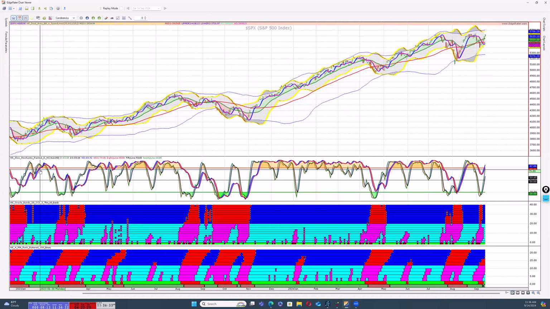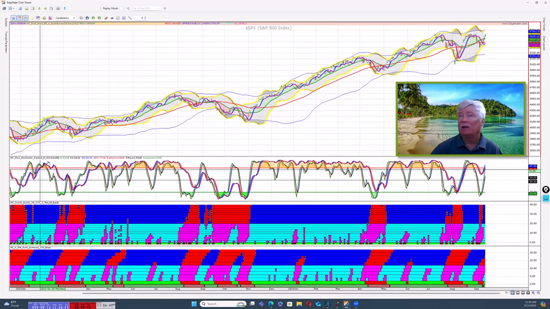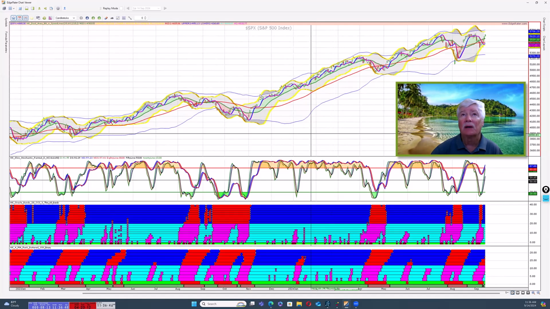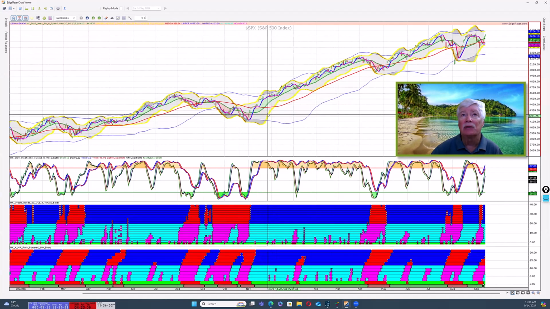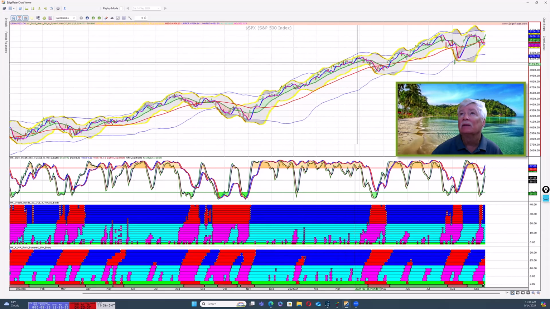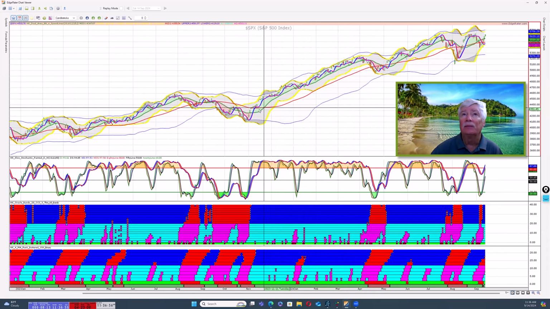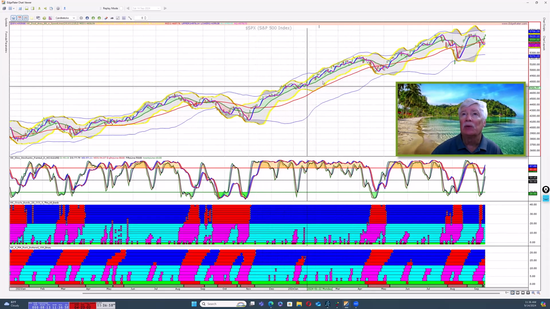Okay, so let me explain dual Bollinger bands. Again, I look for areas of extremism. And what is extremism using Bollinger bands? The yellow ones are 20-period Bollinger bands. This is the 20-period simple moving average.